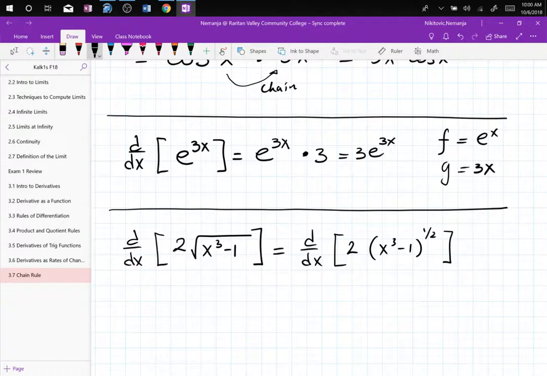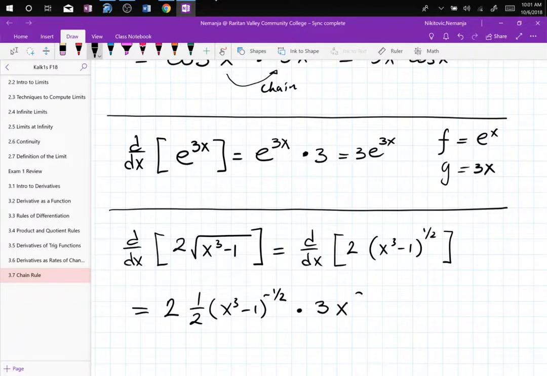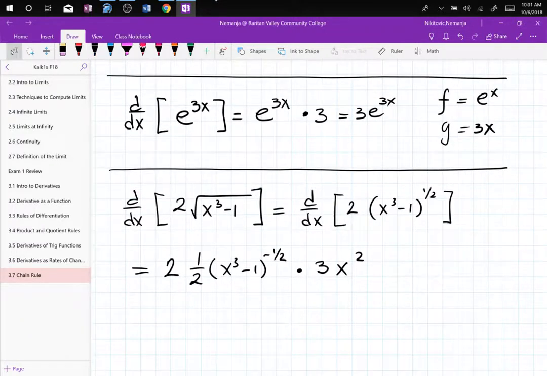So this is equal to, now, the derivative of the outside. So that's 2 times 1/2 times x cubed minus 1 to the negative 1/2 times 3x squared. So what do I have? The derivative of this drops a half down. Those are the exponent rules, right?